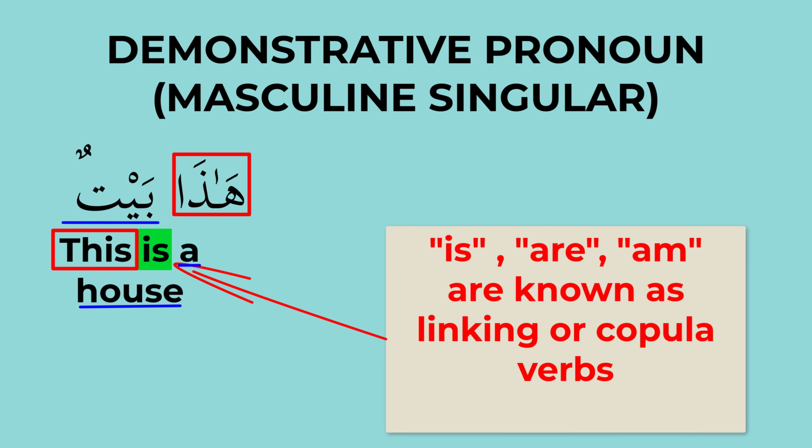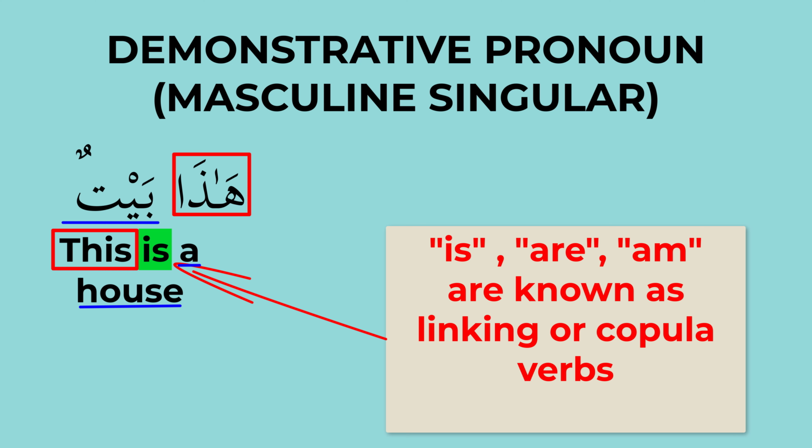Is, are, and am, these are linking verbs. In English, we call it copula. Copula verbs, brothers and sisters, link one noun with another noun, or link the subject with the other noun.